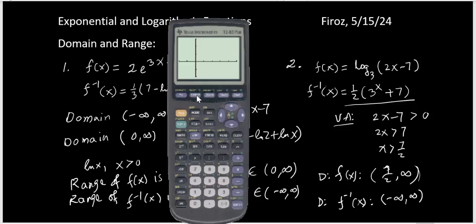You don't see it because of the window. So let me make the window here 10 units. Y limit, I have only 3, so it should be 10 or more. Okay, so this is the graph.